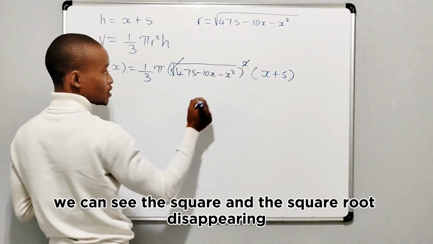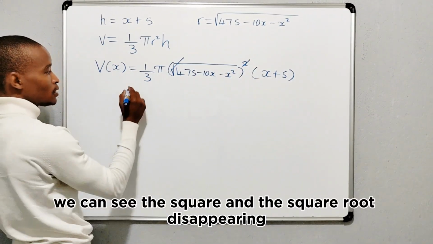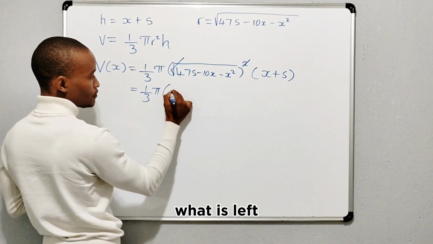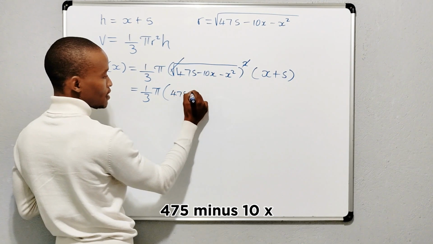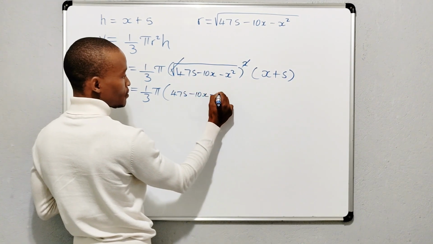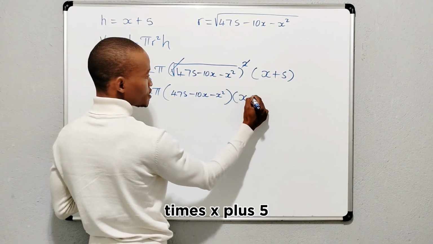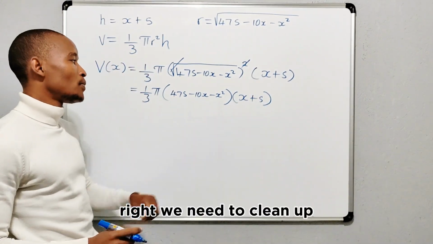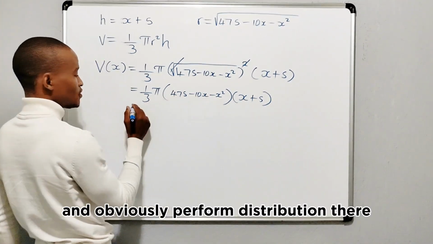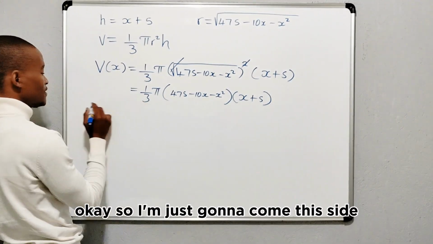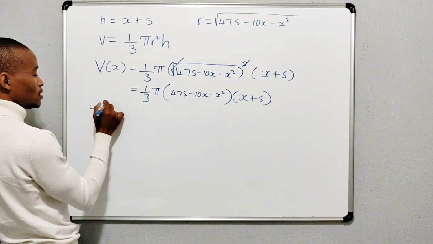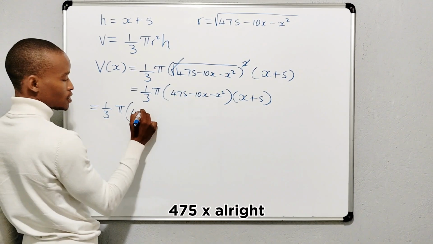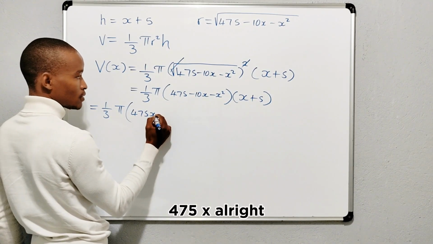Clearly we can see the square and the square root disappearing, and then we have 1 over 3 pi. What is left? 475 minus 10x minus x squared times x plus 5. Right? We need to clean up and obviously perform distribution there. Okay, so I'm just going to come this side. We have 1 over 3 pi, 475x, right?